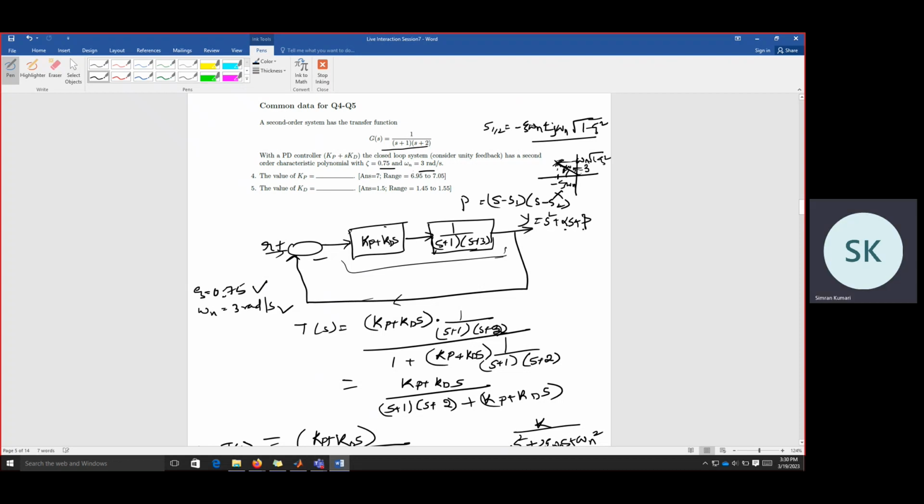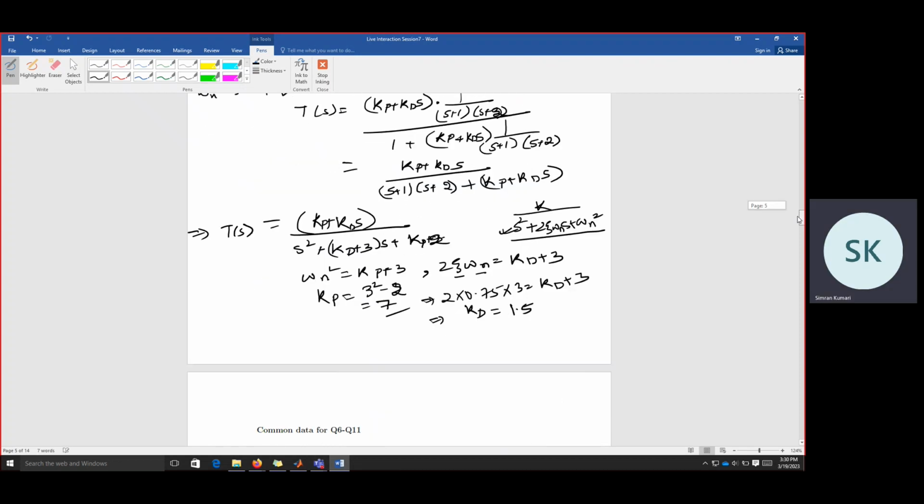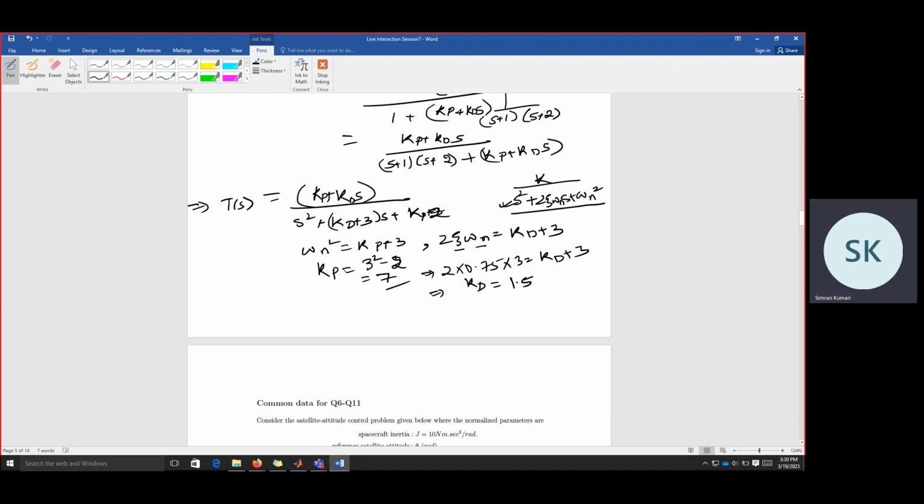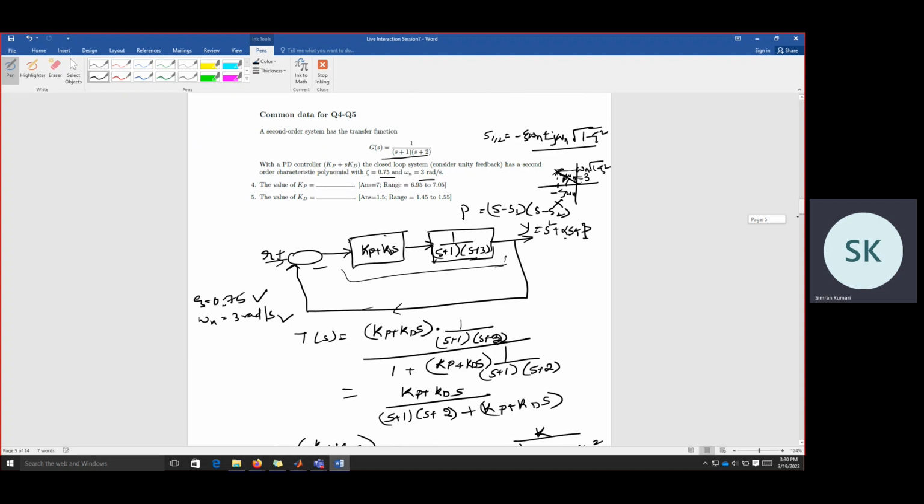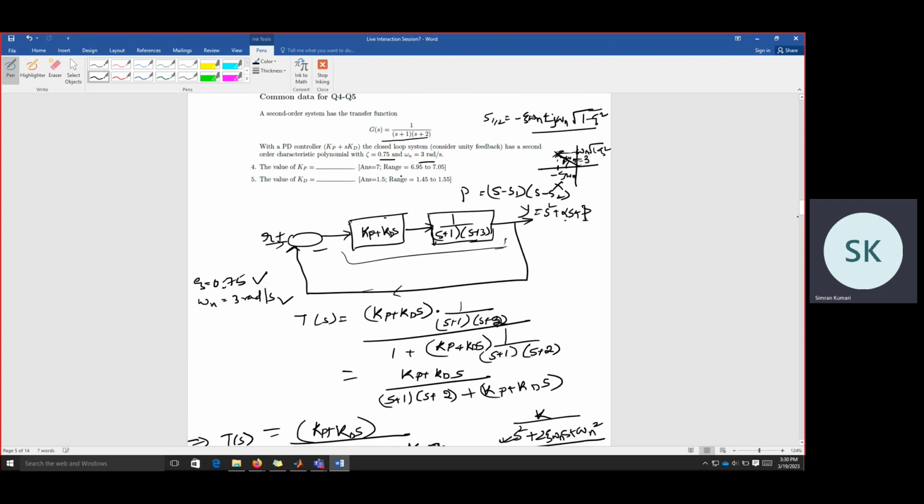So alpha and beta we can equate with Kd plus 3 and Kp plus 2. Similar thing, just use whatever you find easy. So Kp value we found is 7 and Kd is 1.5. I hope this is clear. Then we'll proceed to the next question.